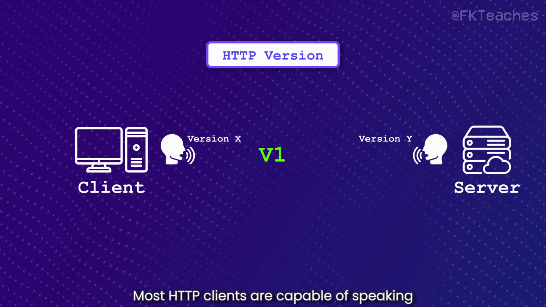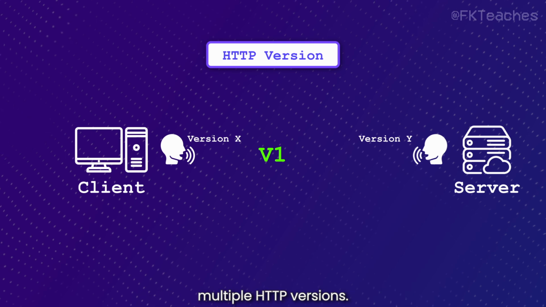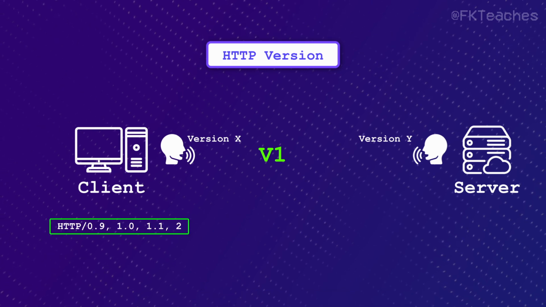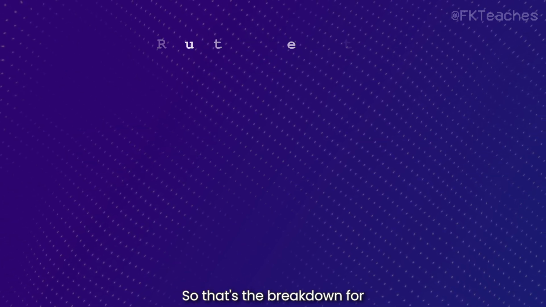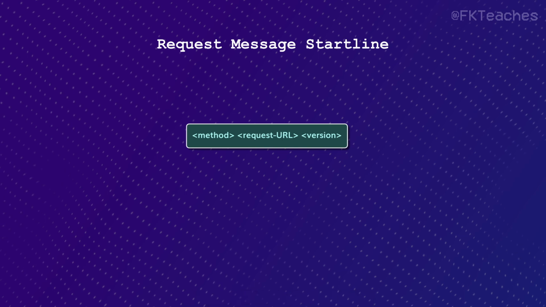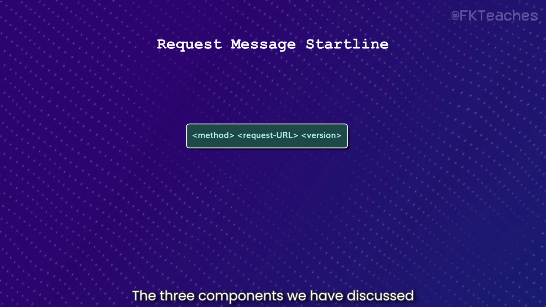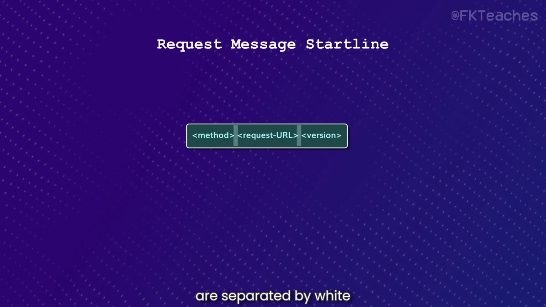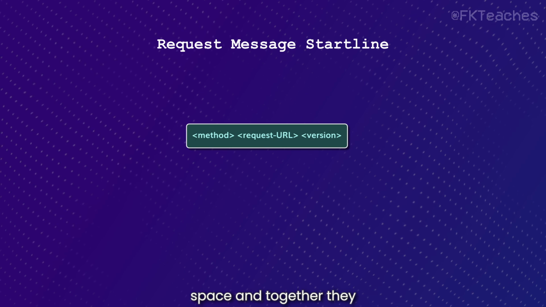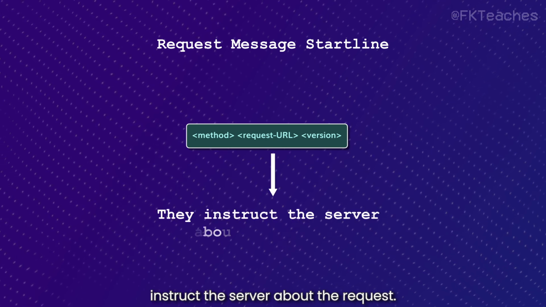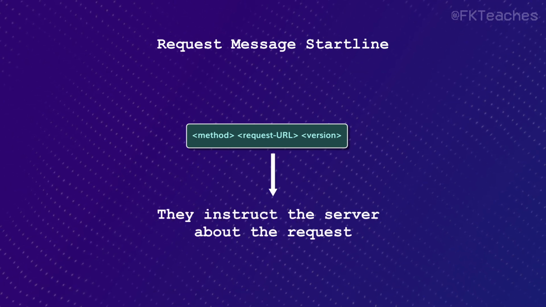Most HTTP clients are capable of speaking multiple HTTP versions. So, that's the breakdown for a request message start line. The three components we have discussed are separated by white space, and together they instruct the server about the request.